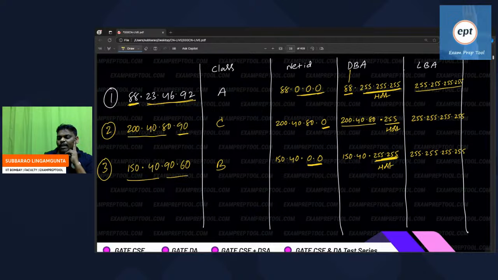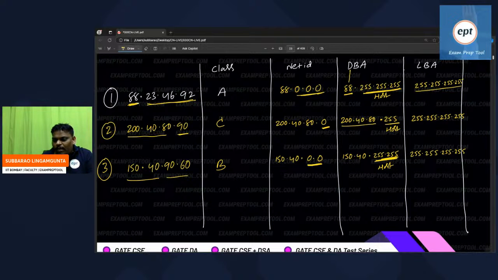In the case of LBA, wherever you are, in that network all. What is the meaning of DBA is, go to whichever network you want, in that network all.